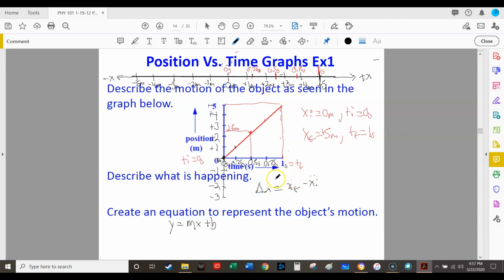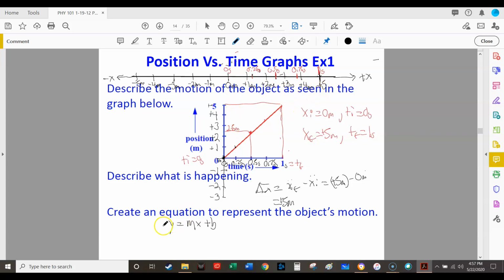That'll be a position of 5 meters minus a position of 0 meters. So that will be positive 5 meters. It moved in the right direction, in the positive x direction, a total distance of 5 meters. So it had a displacement of positive 5 meters. Okay.